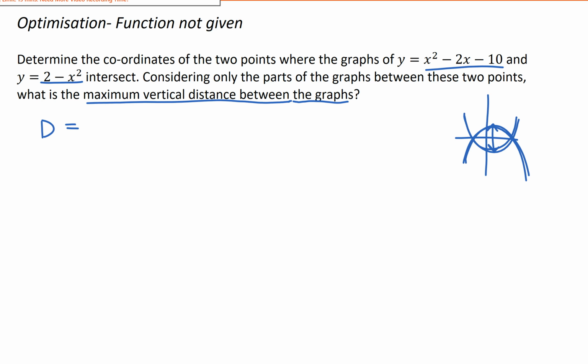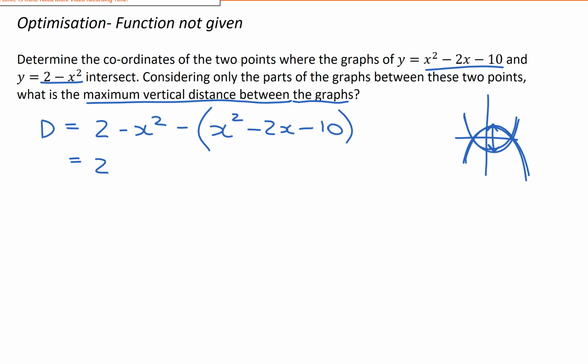Okay, so here is my function for the difference between my two equations. It's going to be 2 minus x squared, the first one, and we're going to subtract the second one, x squared minus 2x minus 10. You happy with that? Let's get rid of the brackets and collect all our like terms.